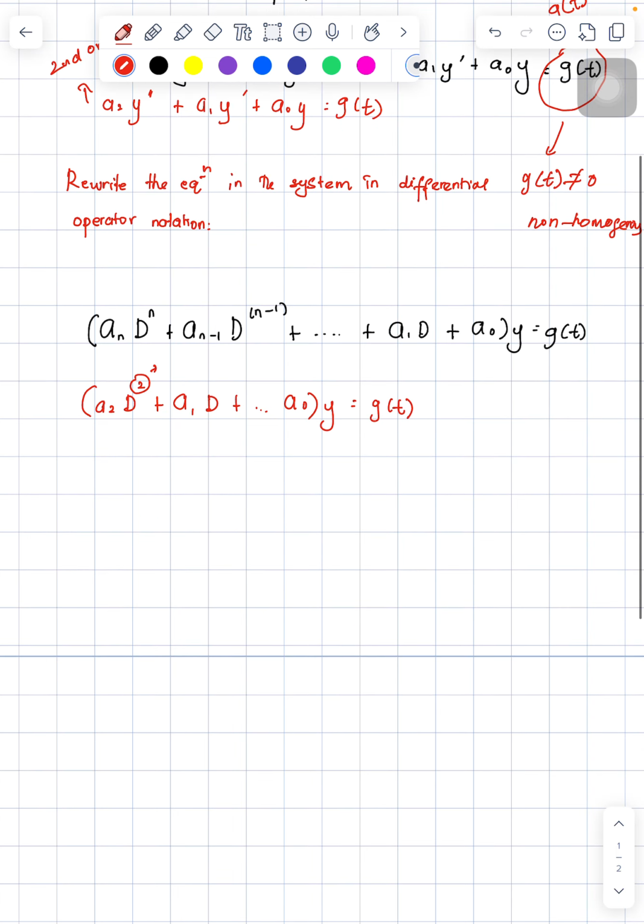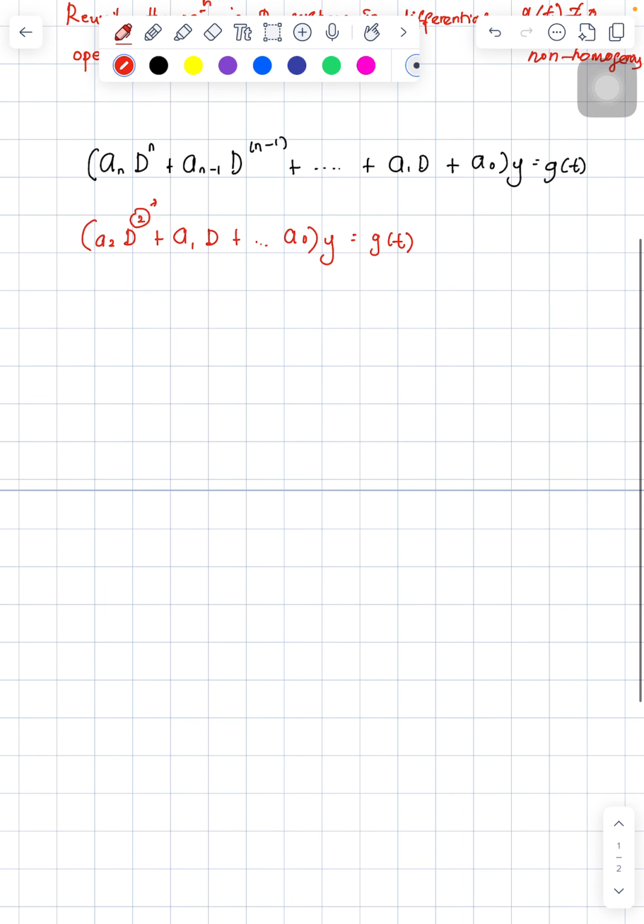There are several steps to solve equations which involve simultaneous ordinary differential equations.